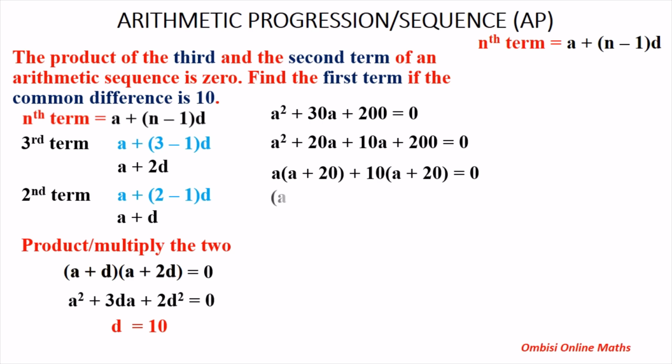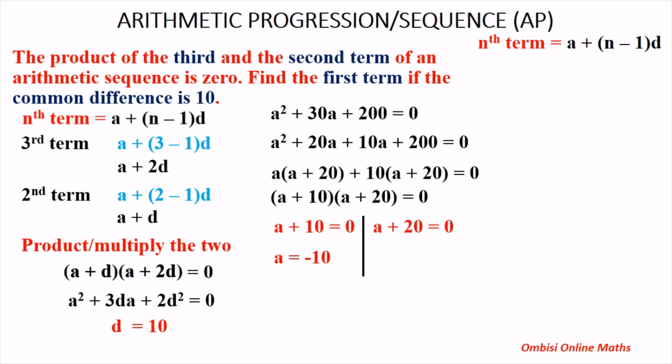So it means that a plus 10 into brackets a plus 20 equals 0. So either a plus 10 equals 0, so the value of a equals negative 10, or a plus 20 equals 0, so the value of a equals negative 20.